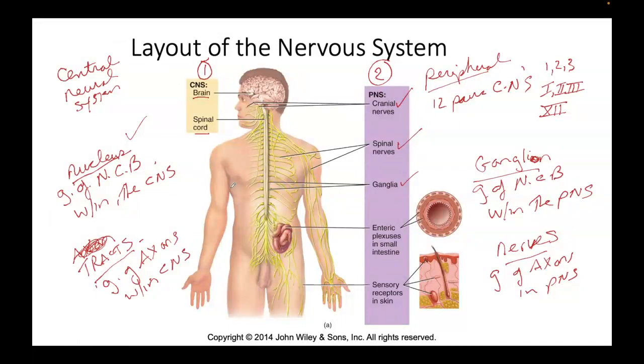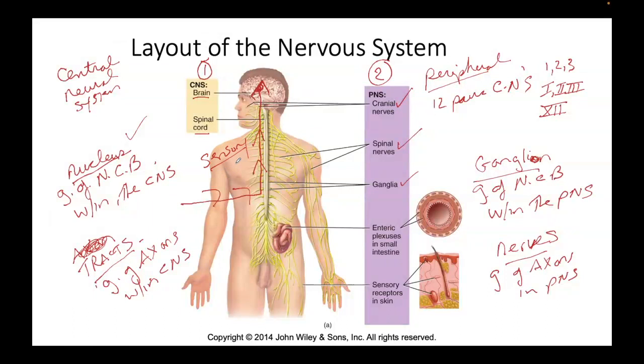Now, something else I want to point out to you is that we can have information that comes in to the spinal cord and goes up to the brain, moving in this upward direction, and we call that sensory information.